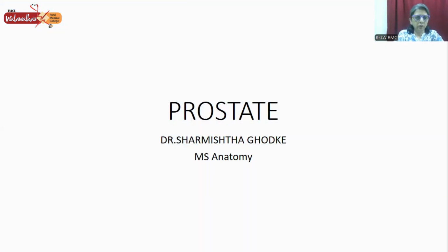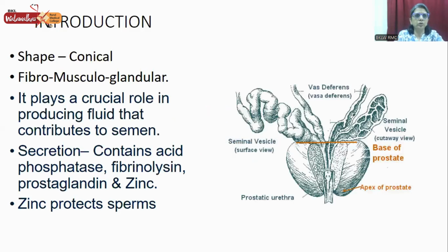So today we are going to see the topic that is the prostate. Actually, the prostate, we call it a fibromusculoglandular tissue. Why is it so? Because structurally, it has some fibrous tissue, some muscular tissue, and also glandular tissue.